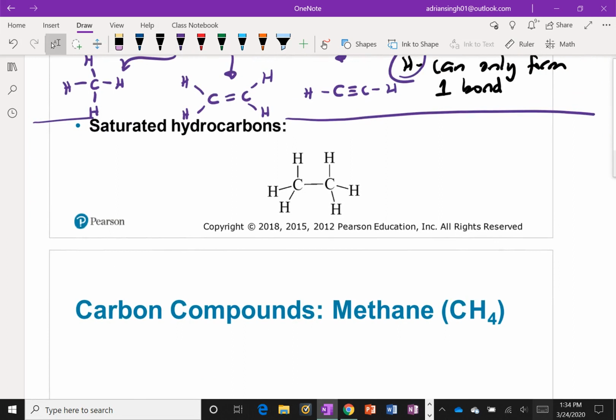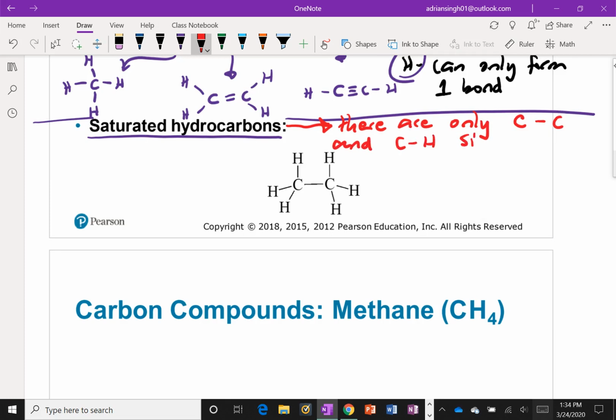The first one we're going to take a look at is something called a saturated hydrocarbon. When we have a saturated hydrocarbon, again, we have carbons and hydrogens in it. Saturated means that there are only carbon to carbon and carbon to hydrogen single bonds.